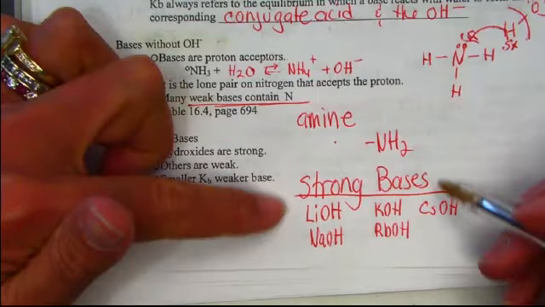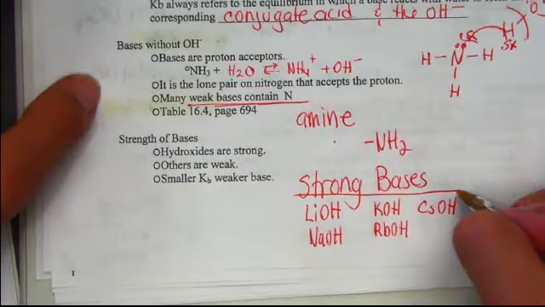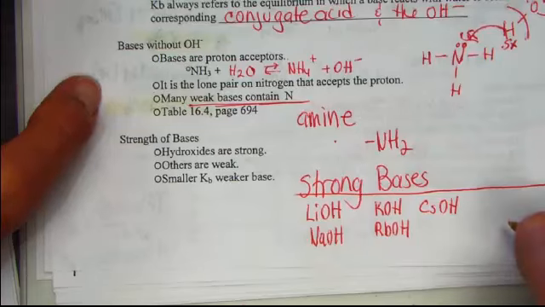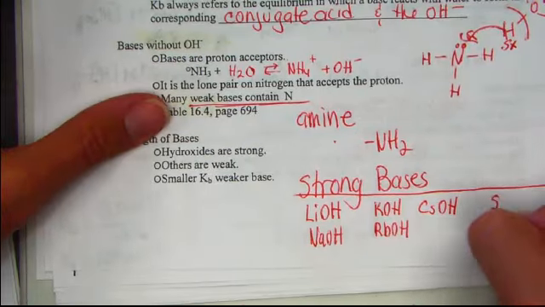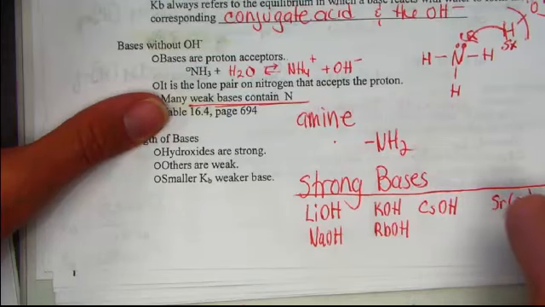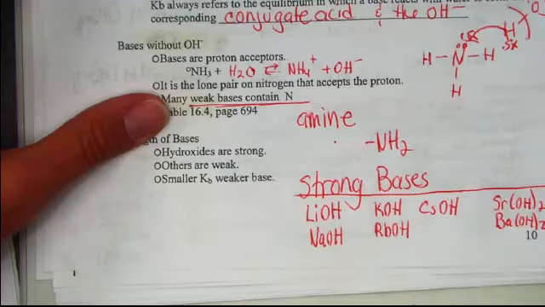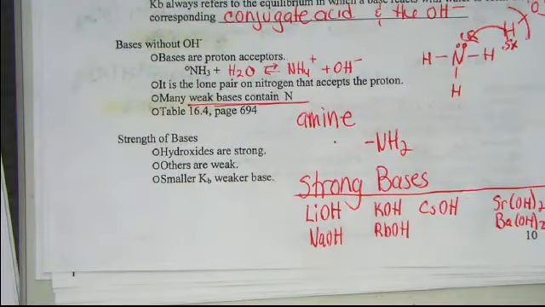100% dissociate. These strong bases do not have a Kb value. The heavy metals of group 2A, such as strontium hydroxide and barium hydroxide, 100% dissociate and would not have a Kb value.